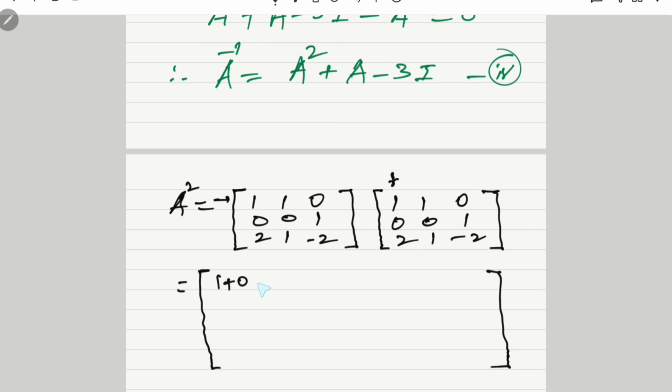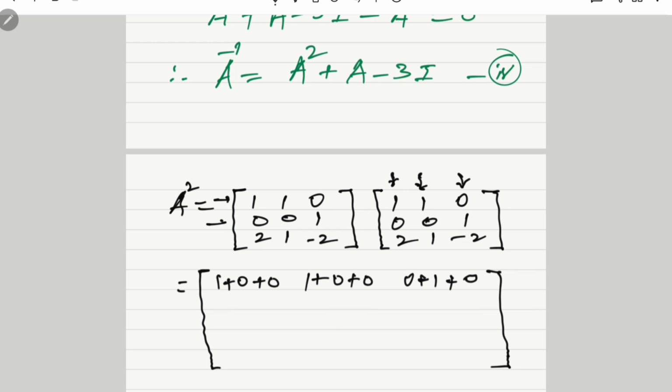And 0 into 2 we get 0. Next, by first row to that second column, we get 1 into 1, 1. 1 into 0, 0. And 0 into 1 we get 0. Next, by first row to the third column, 1 into 0, 0. 1 into 1, 1. And 0 into minus 2 we get 0.